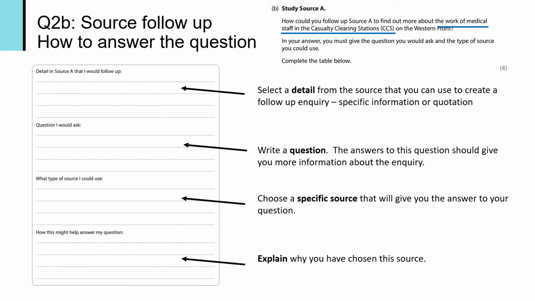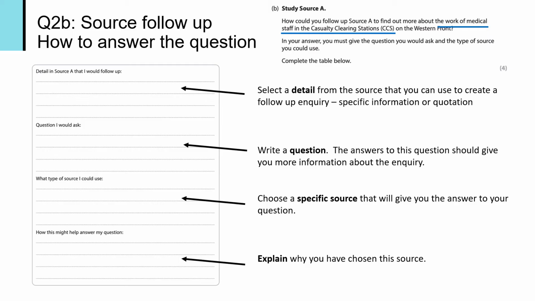When you are answering question 2b, as I have said, you will write your answers on this grid. First of all, you will be asked to select a detail from the source that you can use to create a follow-up inquiry. This can be specific information in the source, or if it's a written source, you can use a quotation.